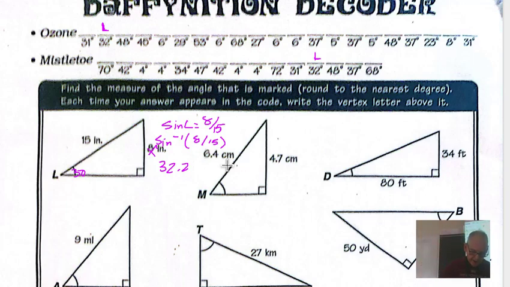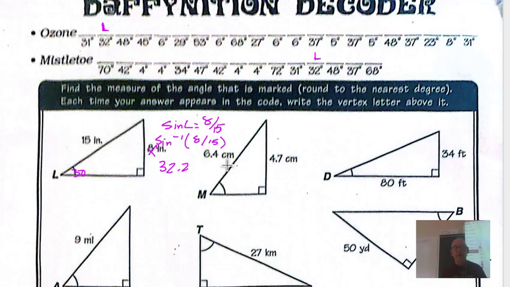And the closest one I get is 32 degrees, which is 0.5299 in the table. So that's the closest one in the table to .5333. The next one up for 33 is .5446, and the one before it is .5150. So 32 is the closest angle to it.